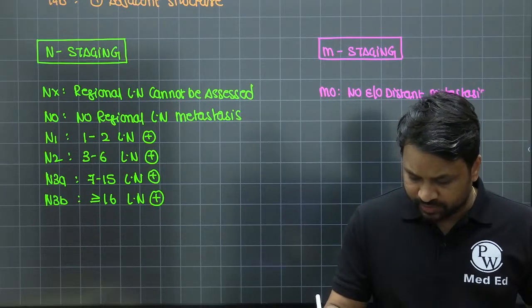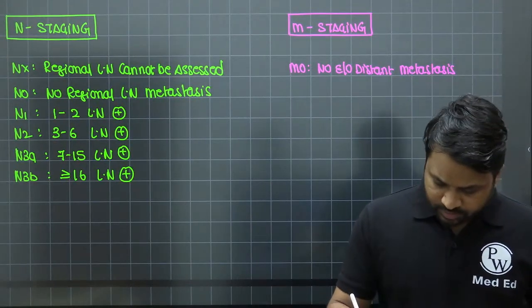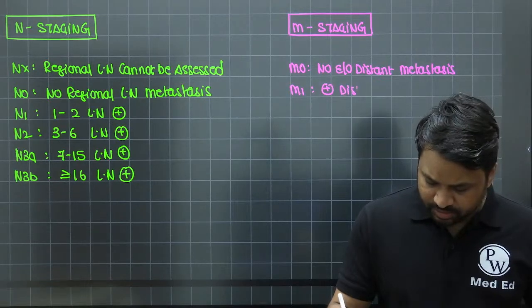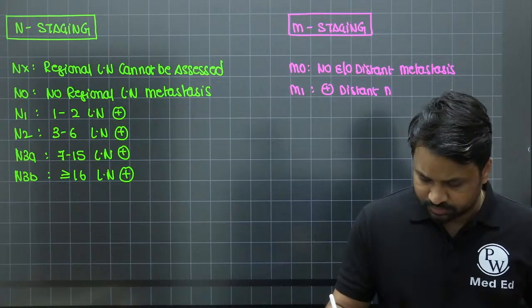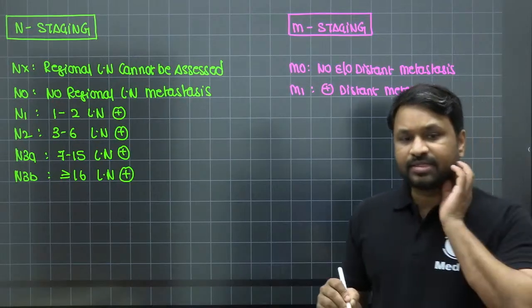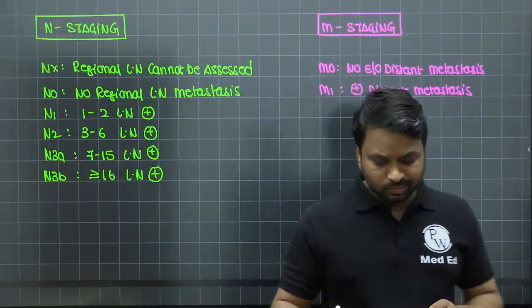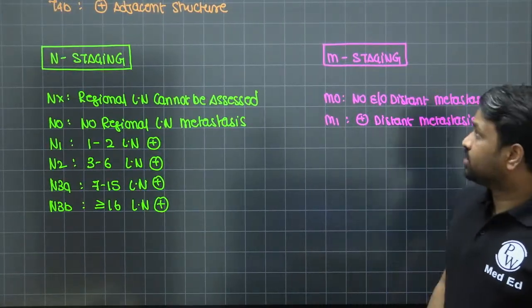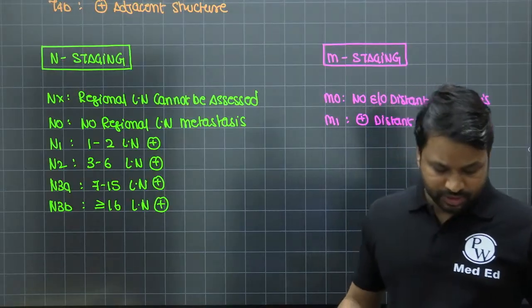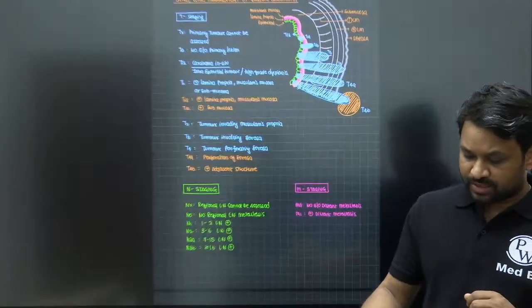M1, there is evidence of distant metastasis. Right. This is all in all with respect to your TNM classification of gastric cancer.